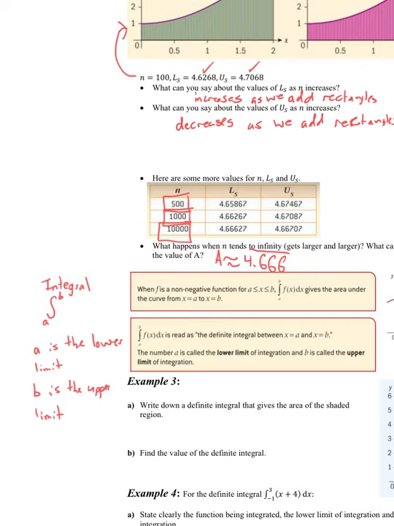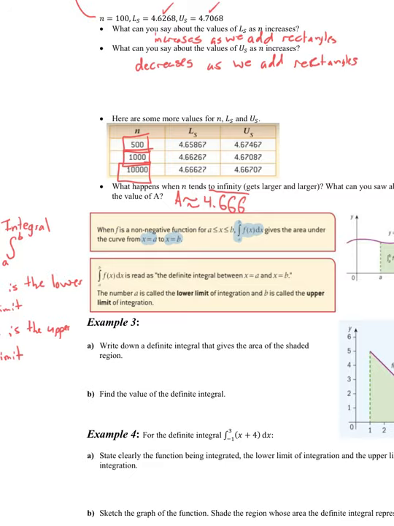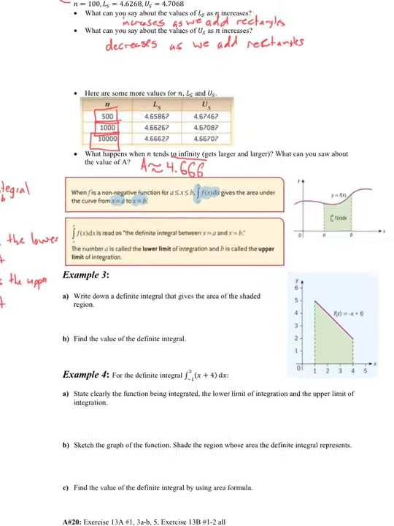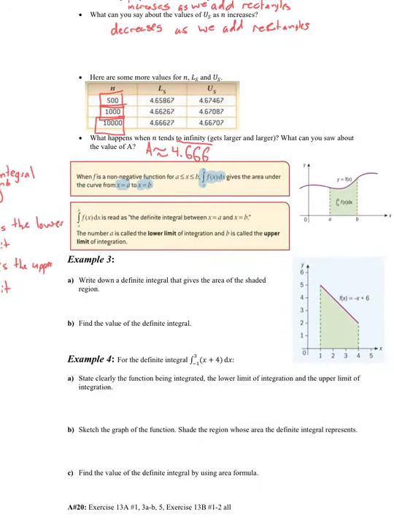And the way you write this whole thing is you write the upper limit, the lower limit, and then the function, f of x, and then the letters dx afterwards. And that gives the area under a curve from when x equals a to when x equals b. So let's take a look at an example real quick. Example 3 gives us this linear function.